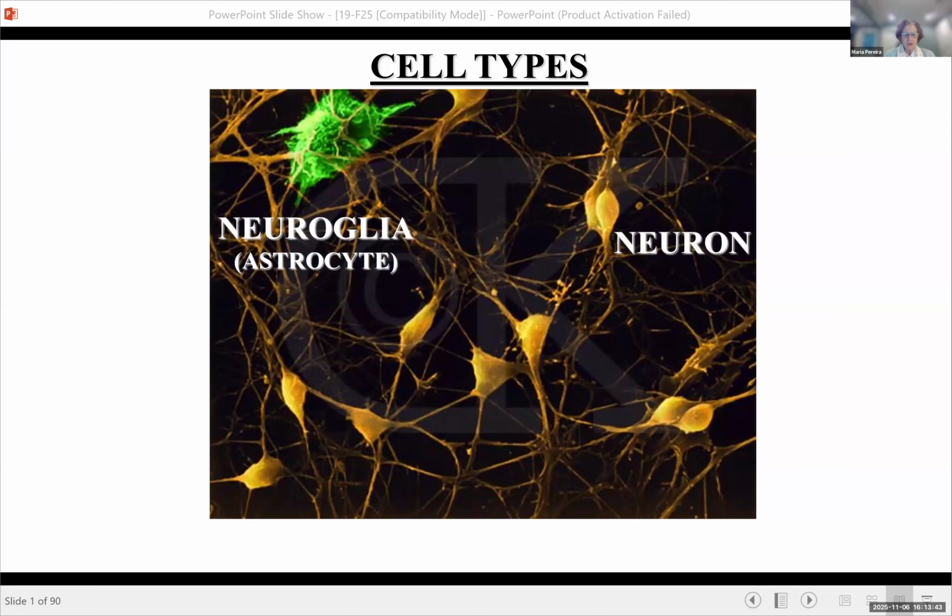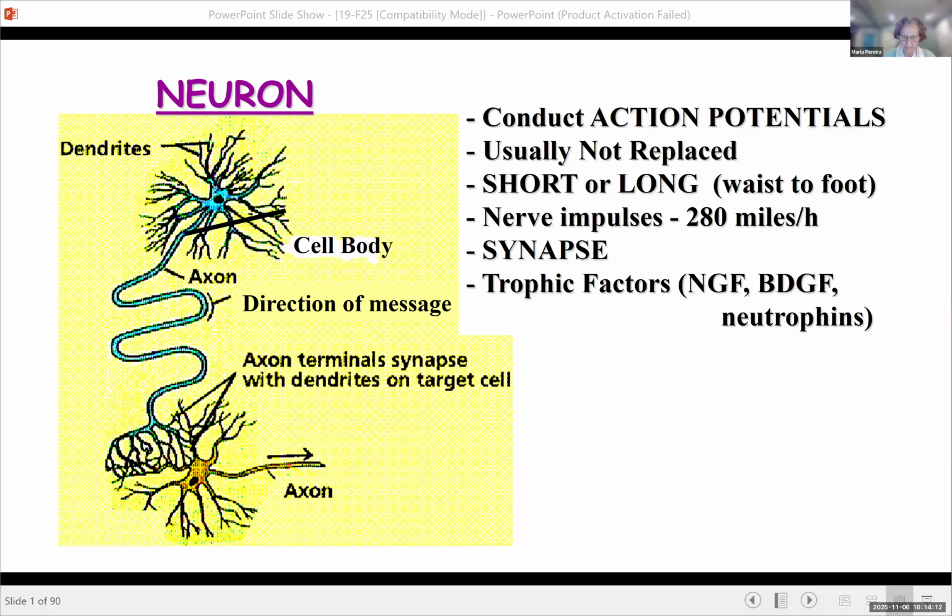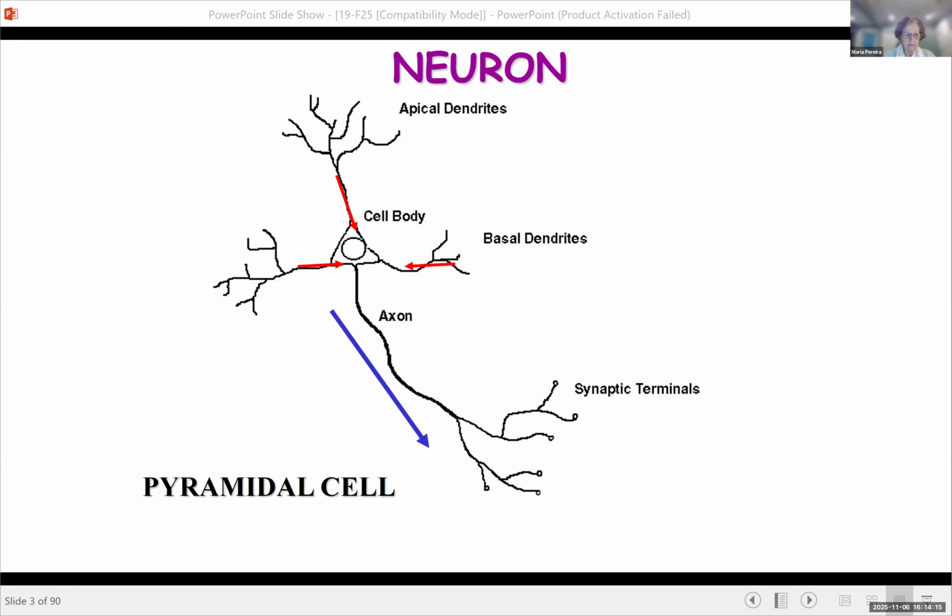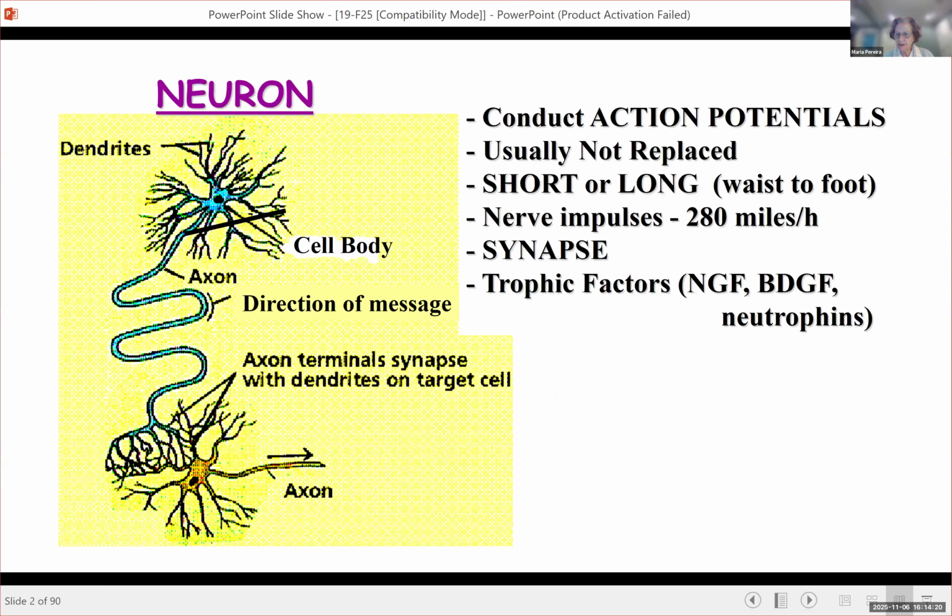So you see here two different types of cells. Actually, just the names. The neurons, which are the most important cells in the nervous system. So you see the neurons with the cell body and the projections, some are dendrites, some are axons. But then there are other cell types that help maintain the neurons.